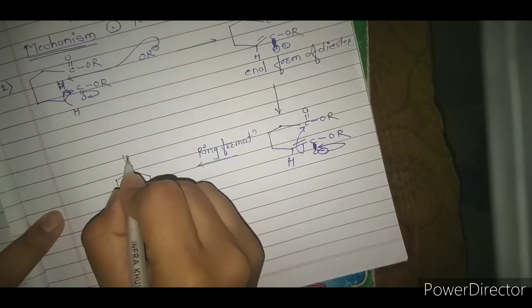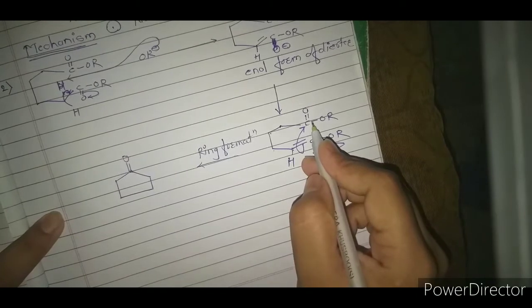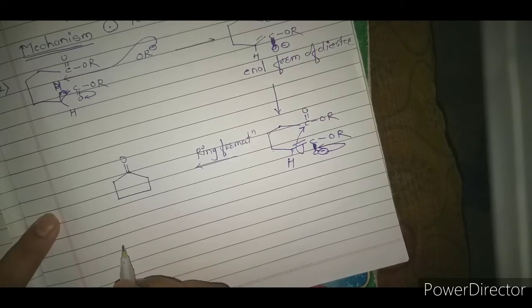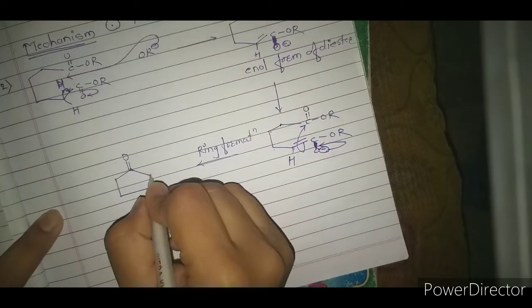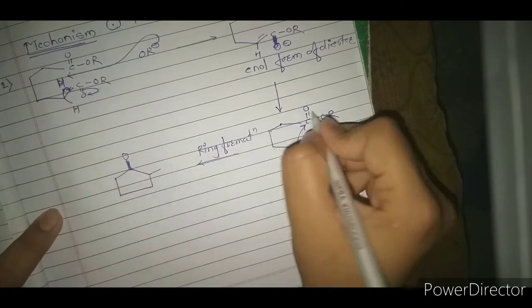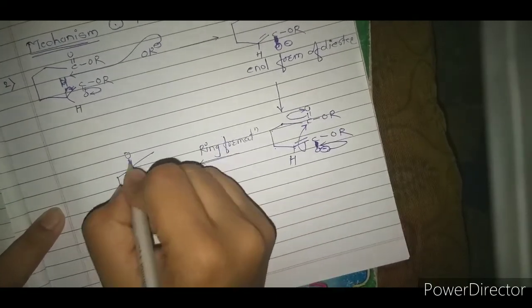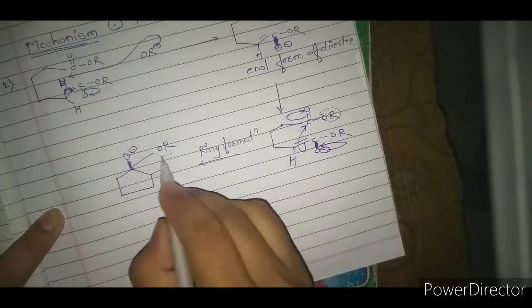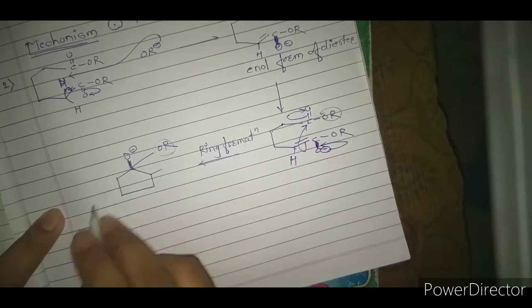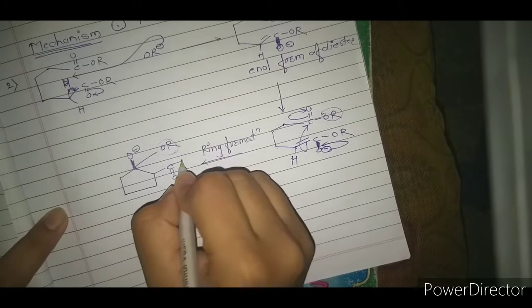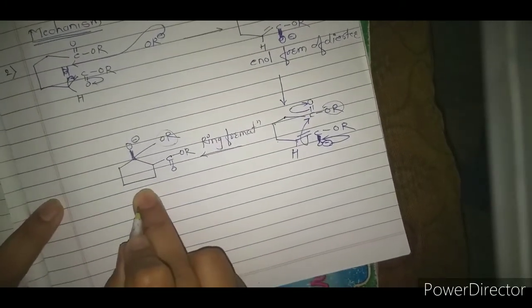This bond breaks here and forms this compound. This is your OR, meaning alkoxide. This is your oxygen which has a negative charge.